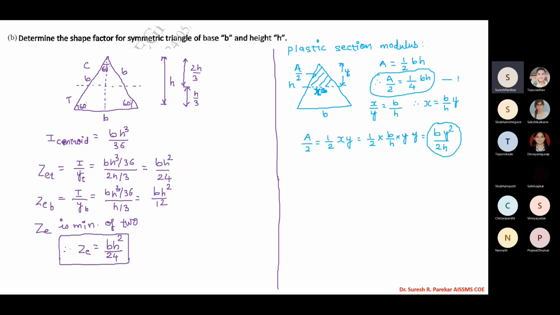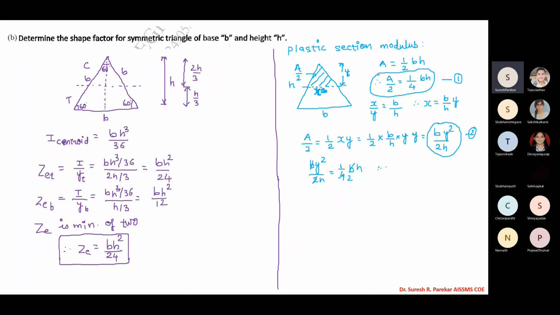So equate 1 and 2. Both are A by 2. Therefore we have Y square upon 2H equal to 1 by 4 into BH. This B gets cancelled. 2 2s are 4.